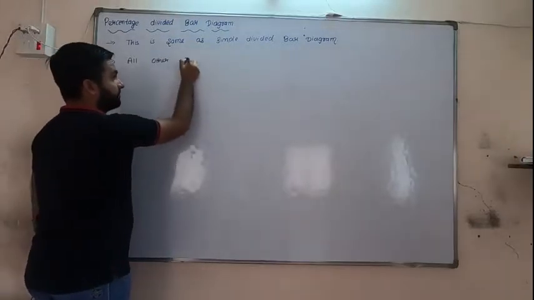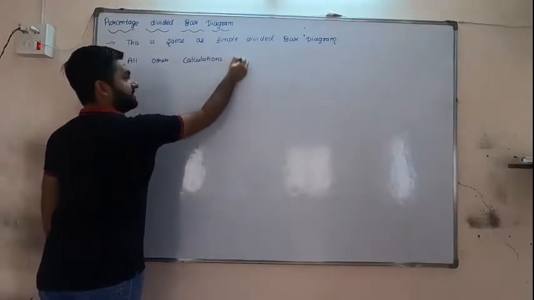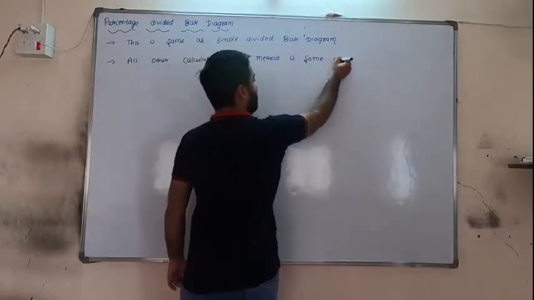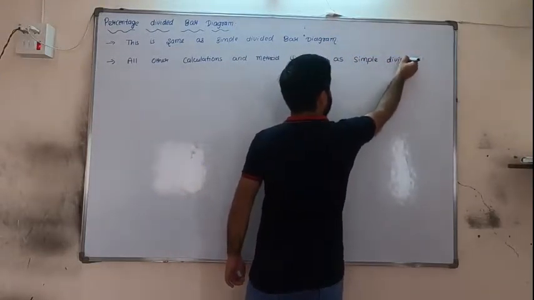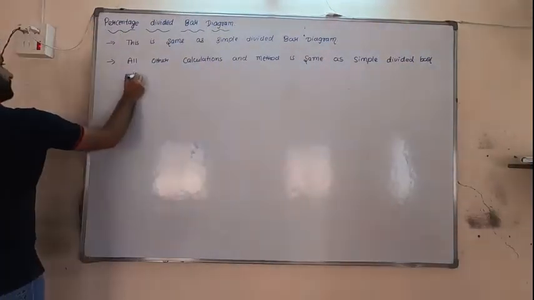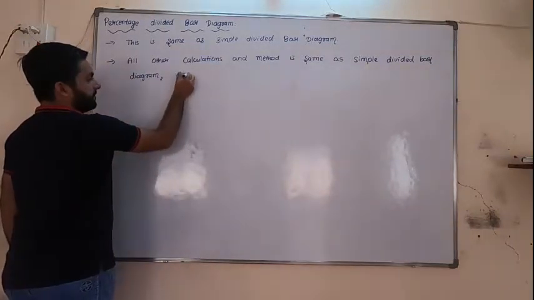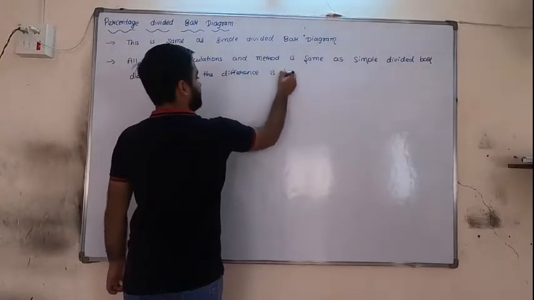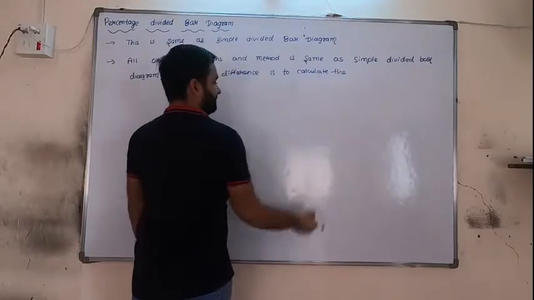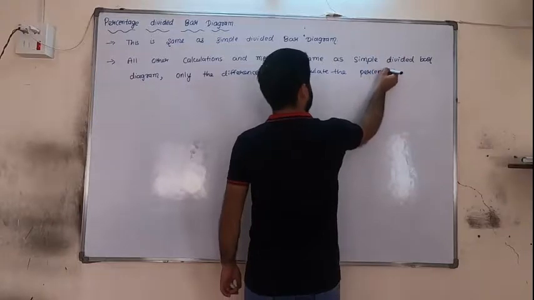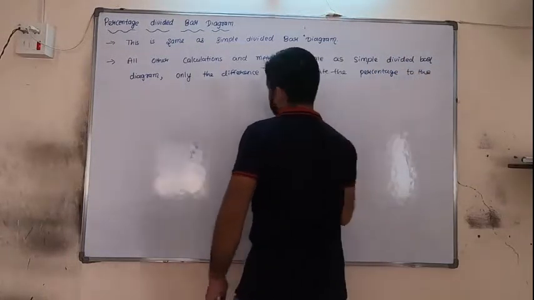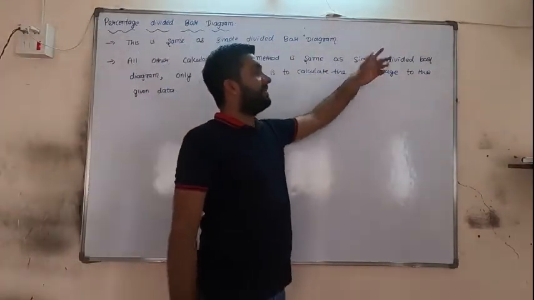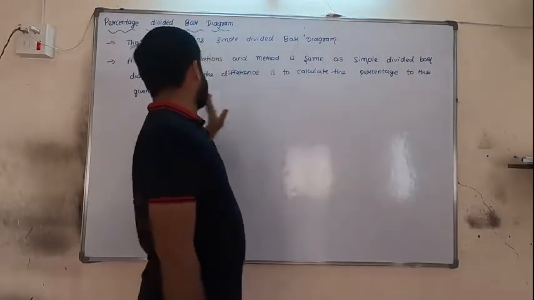All other calculations and method are the same as simple divided bar diagram, comma, only the difference is to calculate the percentage of the given data.